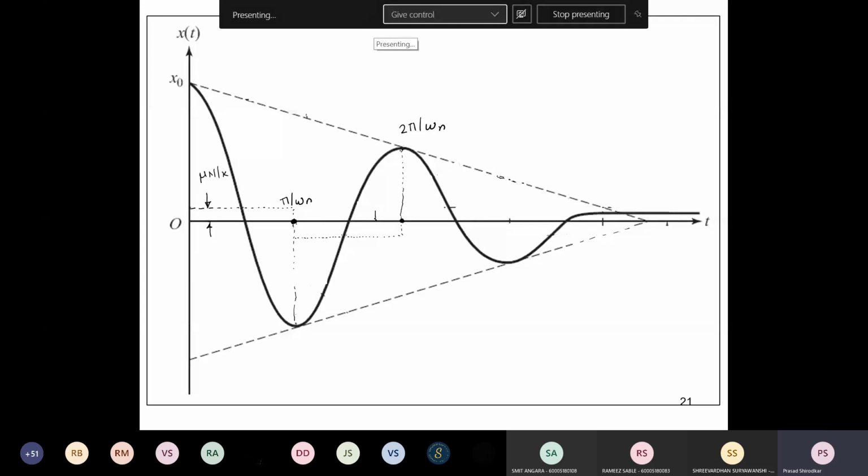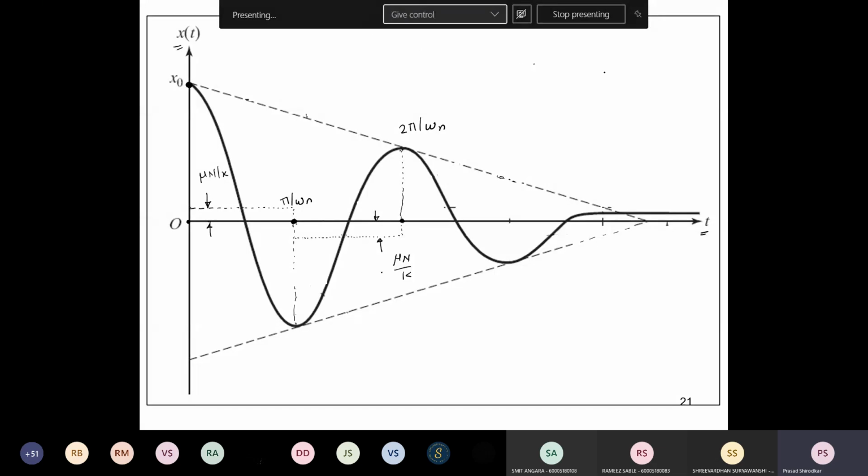This distance is again μN/k, and to be accurate it is actually negative, minus μN/k, because it is below the horizontal axis, that is the time axis. On the x axis you have time, on the y axis displacement, and the initial displacement is x0.